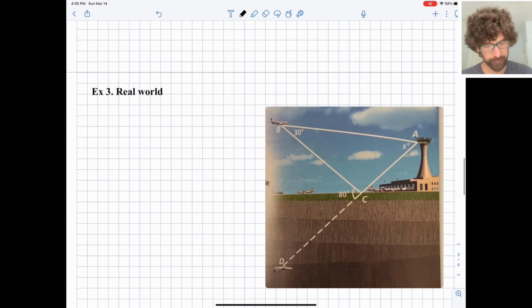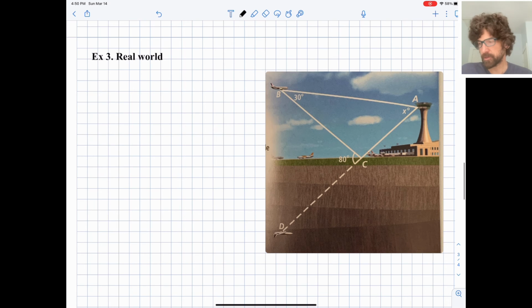Okay, just using the fact that these two angles sum to that angle right there. Then in a quick real-world example, you're seeing an airplane coming in for a landing at an airport here. Although it looks like the airplane's a little bit too high for the runway at this point if it wants to land. But anyway, we have a radar tower, and when radar is tracking an object, the reflection of signals off the ground can result in clutter, essentially resulting in a ghost image right here.